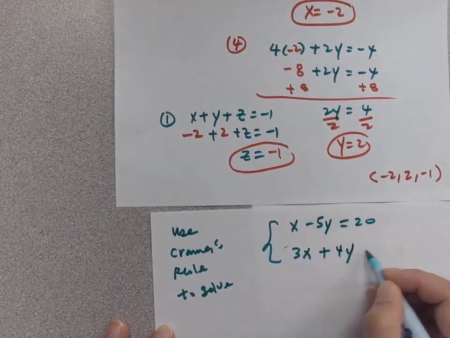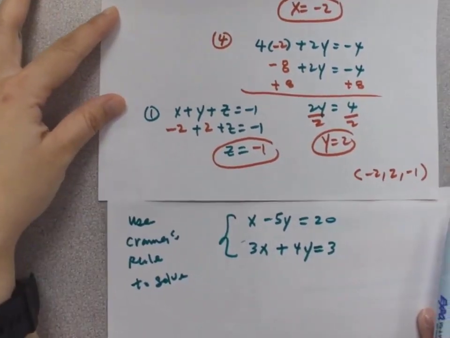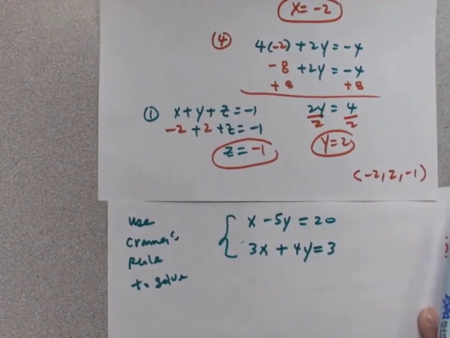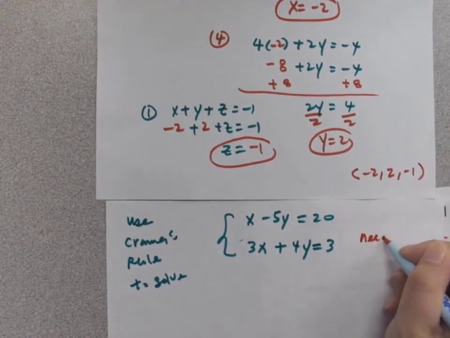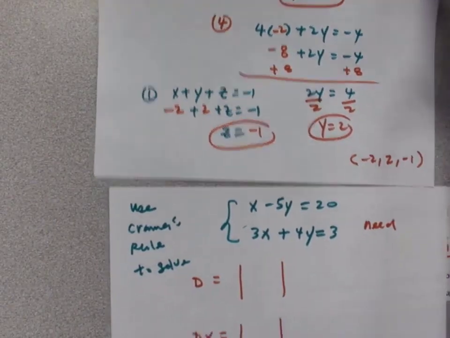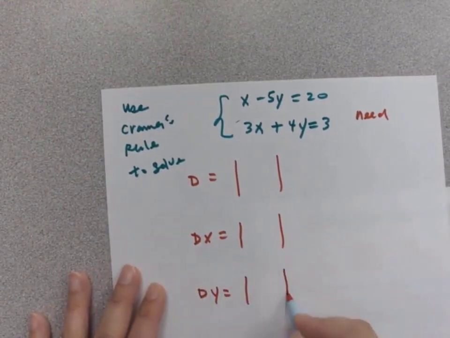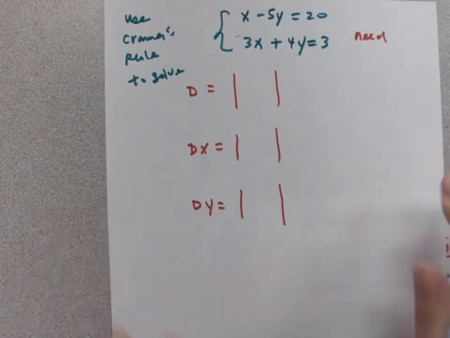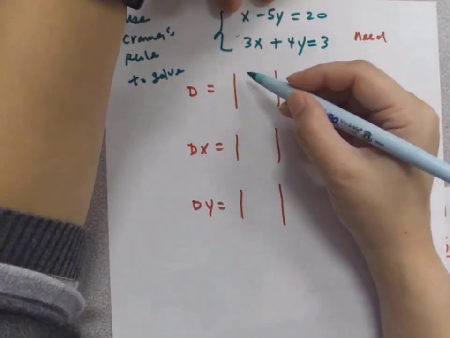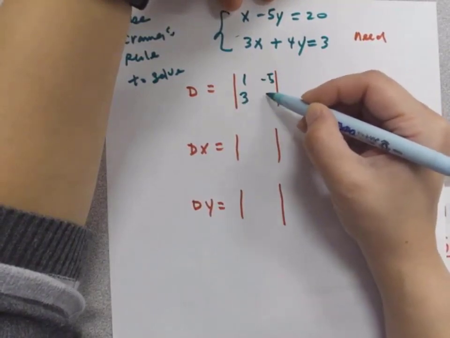So to solve by Cramer's rule, we need 3 things. Anybody remember what the 3 things are that we need? You need d, dx, and dy, right? How do we set up the d? You need the x and y coefficients. So what coefficients do I have? 1 and -5, 3 and 4.